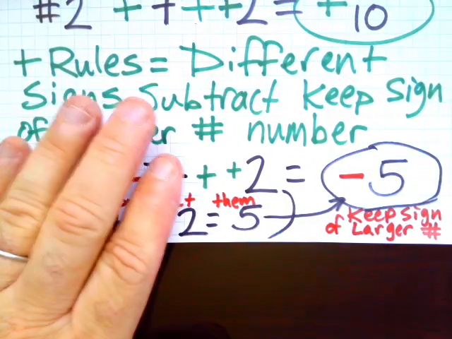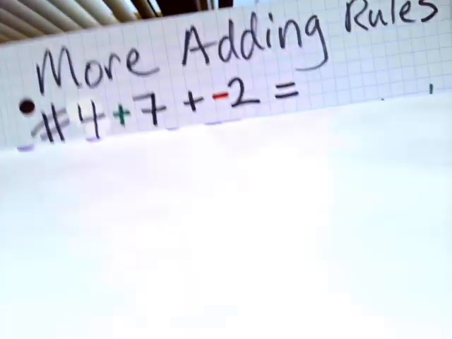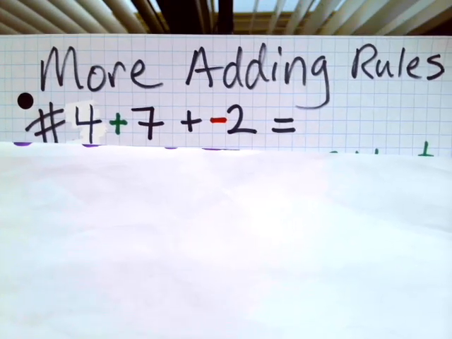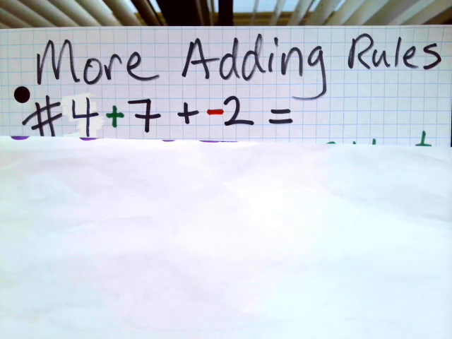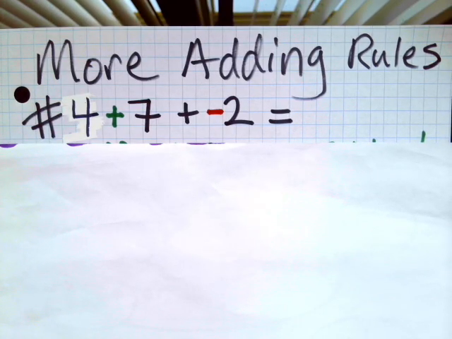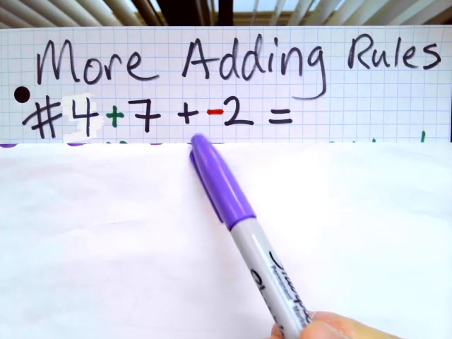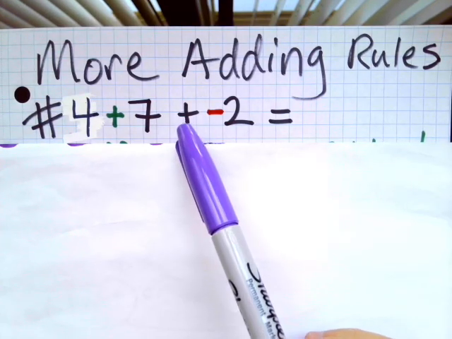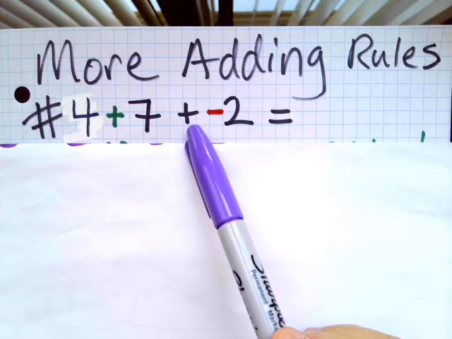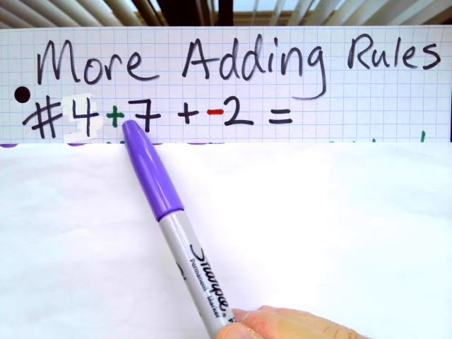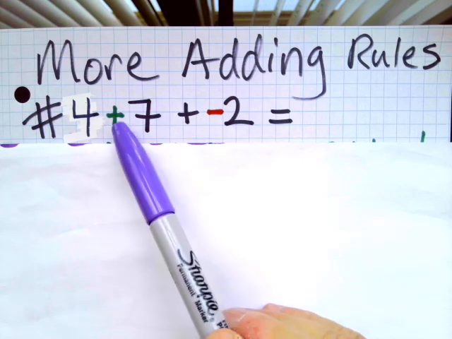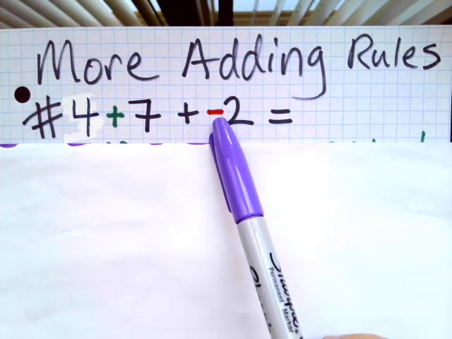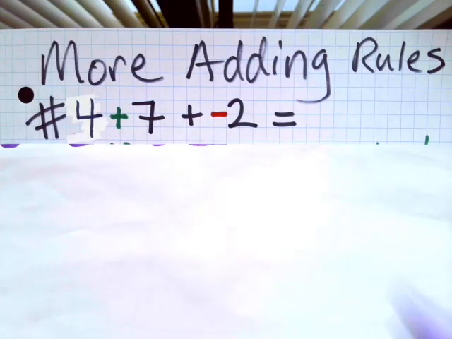And so I have some more addition problems here I'd like to show you, since there is a little bit of time. Just to go over these problems a little bit further. So this is an adding problem, so we want to stick to those adding rules. Remember, same signs add and keep the sign. Different signs subtract and keep the sign of the larger. So this is a +7, this is a -2. These signs are different.